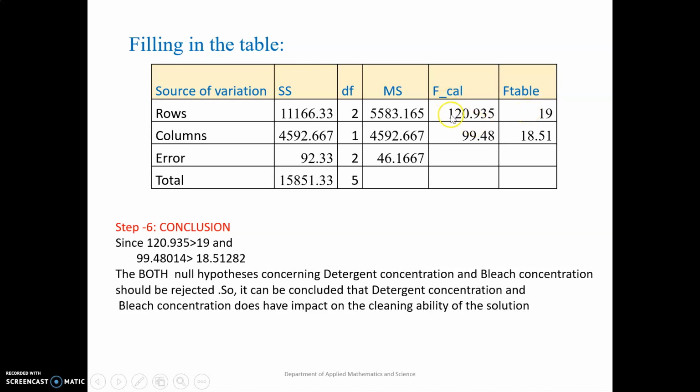Again, the calculated value for the column part is greater than the table value. So in both cases, for both alternative hypotheses, we accept them and we reject the null hypotheses. So both null hypotheses are rejected. It means there is an effect of detergent concentration and bleach concentration.